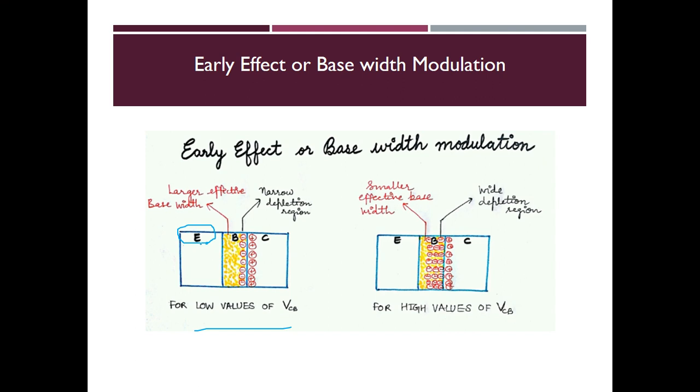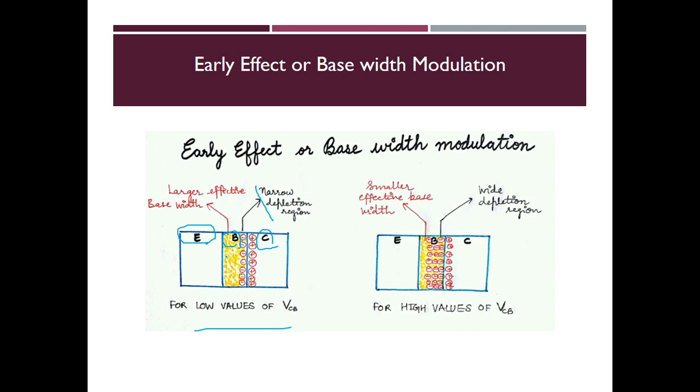So compared to the emitter, the base has a lesser doping concentration, and obviously the penetration of the depletion width nearer to the base will be deeper than that of the emitter. Similarly, compared to the base, the collector is highly doped. Therefore, this depletion region will be narrow compared to that of the base.